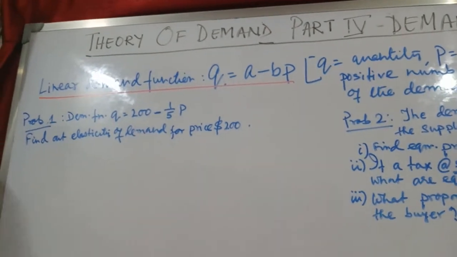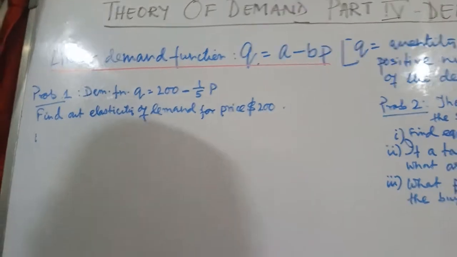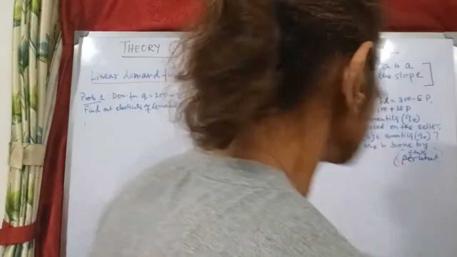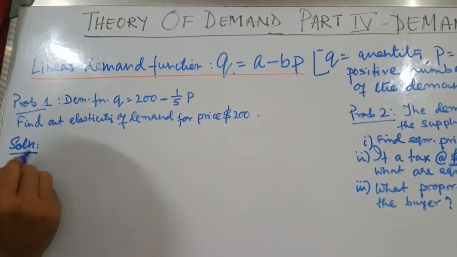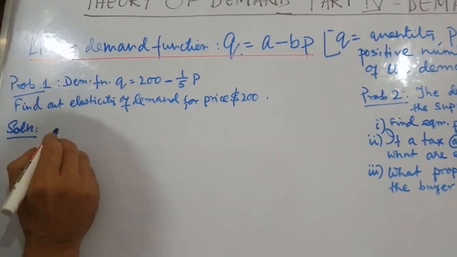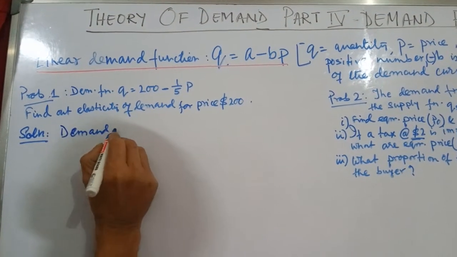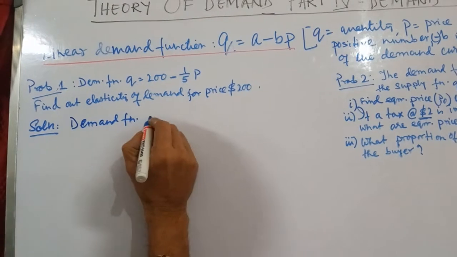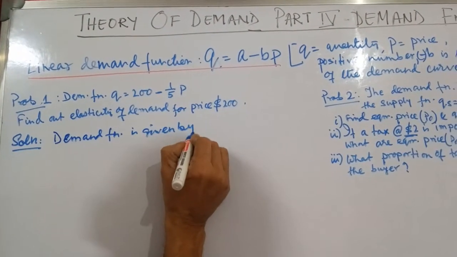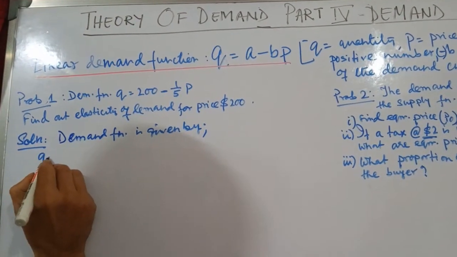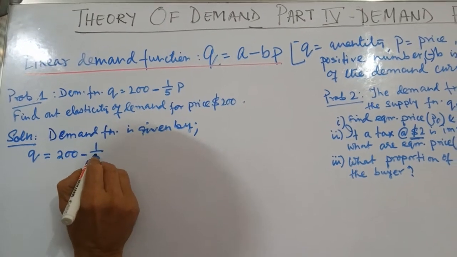Solution. What is the demand function? It is given by Q equals 200 minus 1 by 5p.